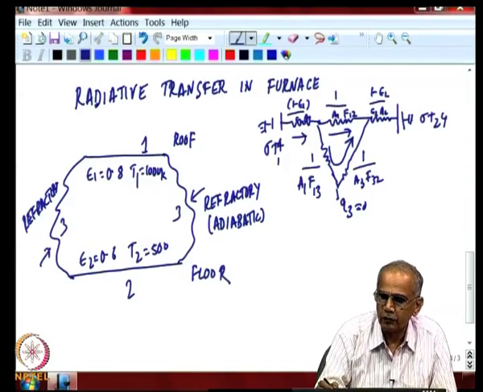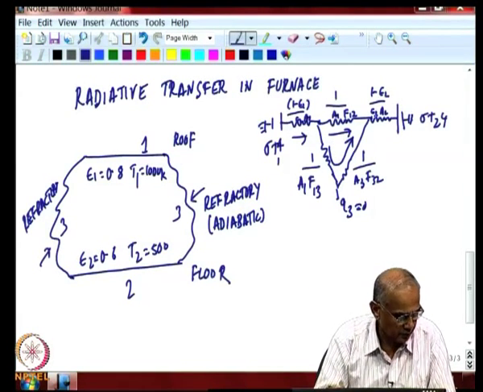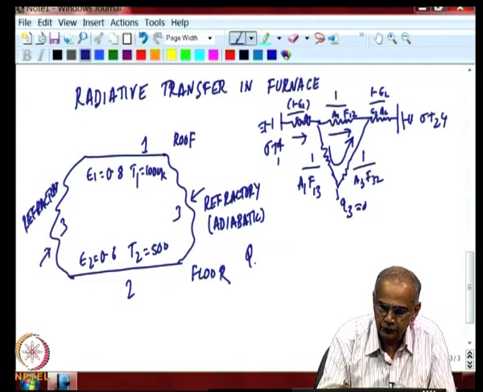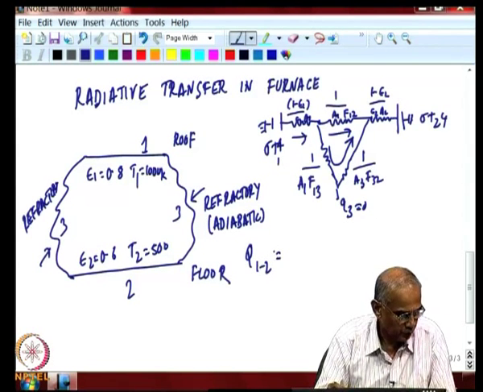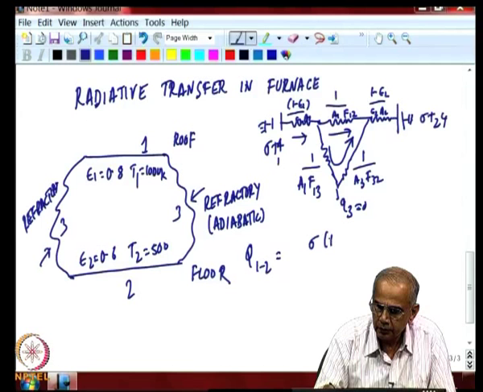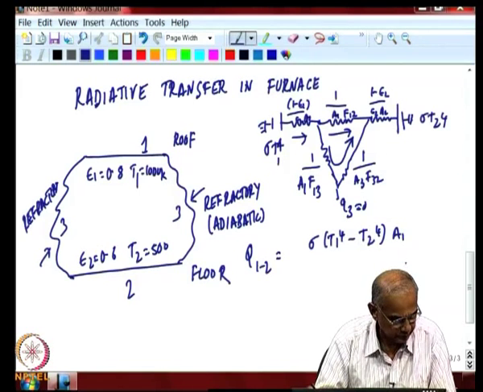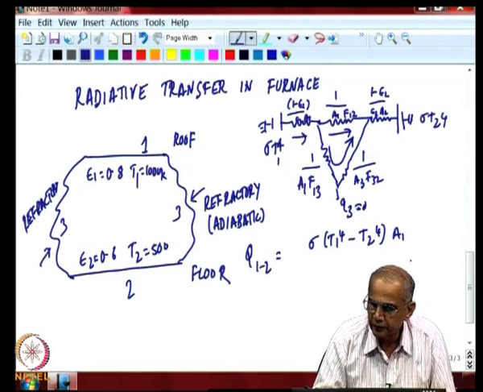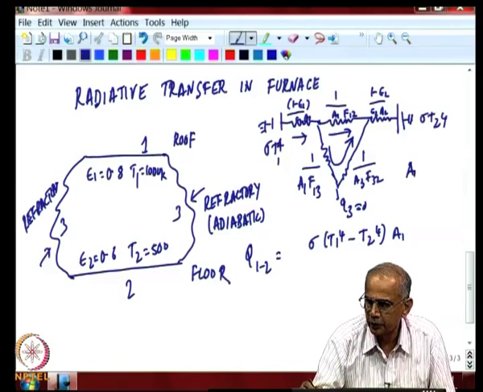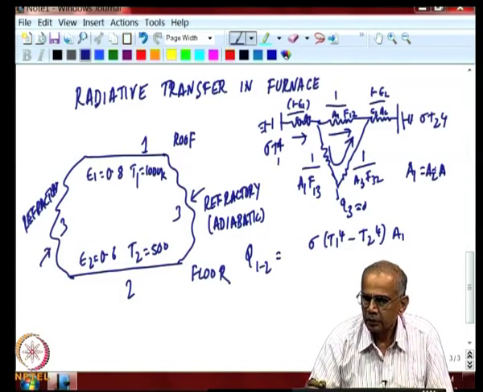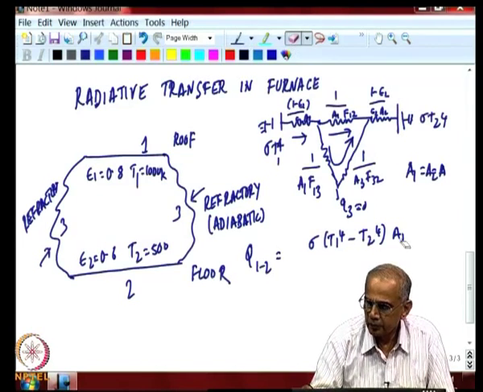So, you can easily solve for this parallel series circuit, and the final expression for heat transfer from 1 to 2 will be sigma (T1 to the power of 4 minus T2 to the power of 4) into A1, and let us for convenience assume A1 equals A2 equals A. Both the surfaces have the same area.